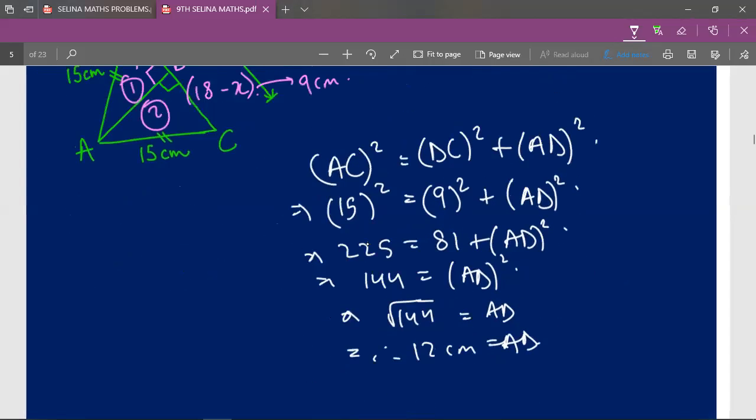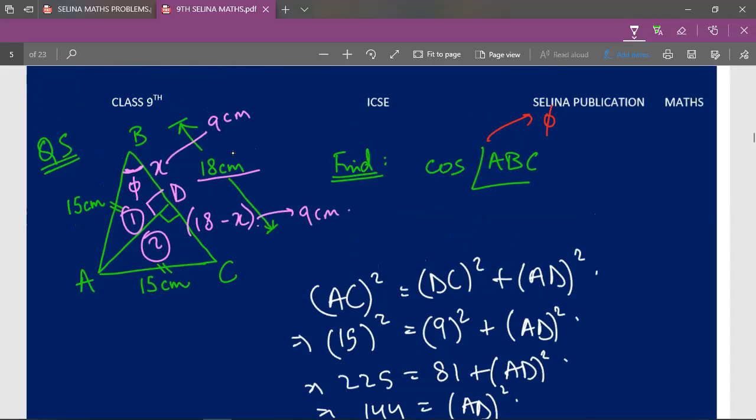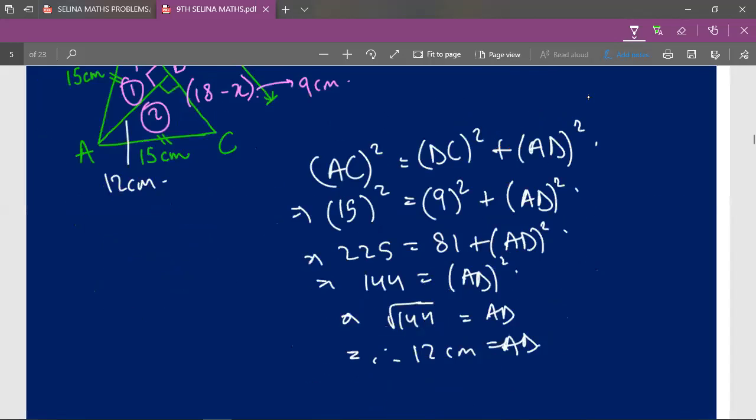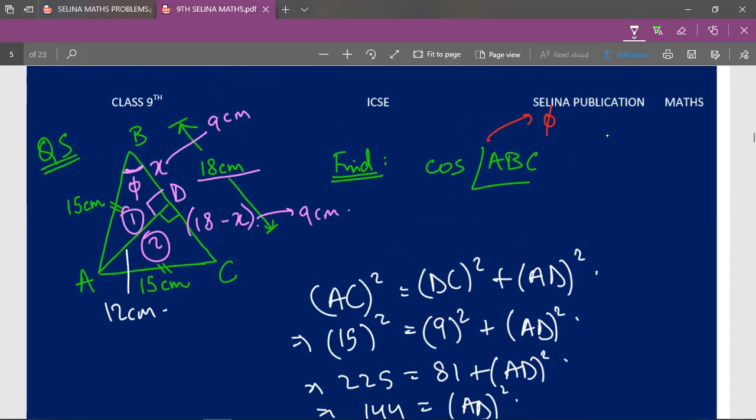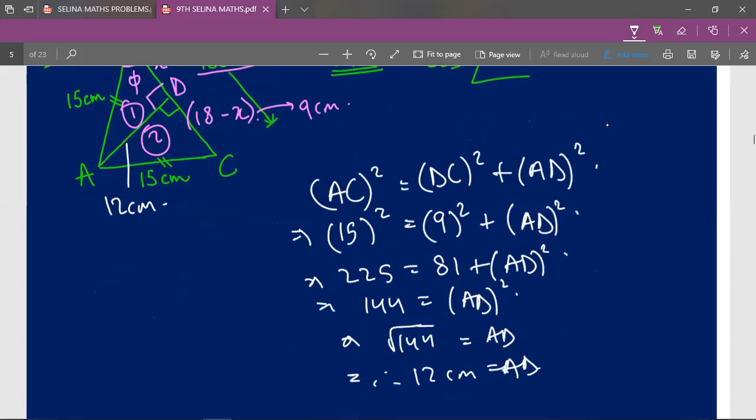So once we've calculated our perpendicular AD, that is 12 centimeters, we will calculate cos angle ABC, that is phi. So I'll draw the figure again in which the phi comes to the ground. This is a very weird looking triangle.